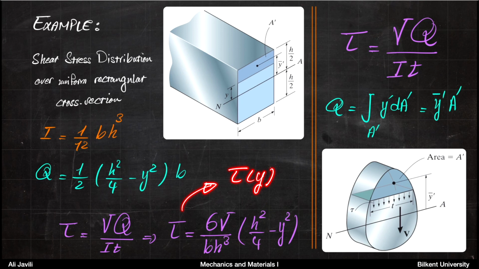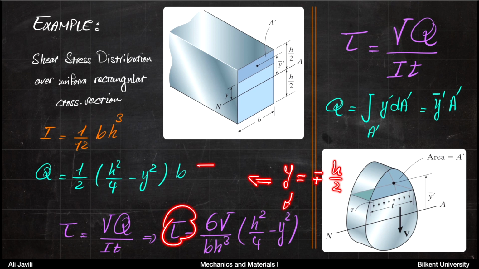So it's not constant. That's the first thing. The second thing you can see is that it's not even linear. It's a quadratic function. Another thing that you can see is that if y equals minus plus h over 2, shear stress would be 0.